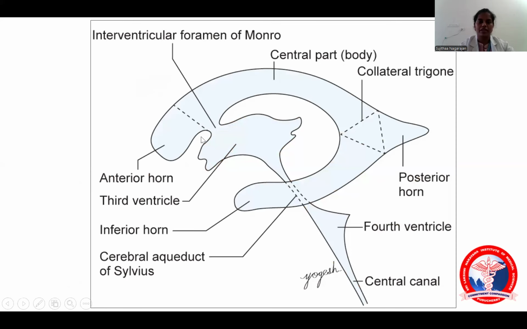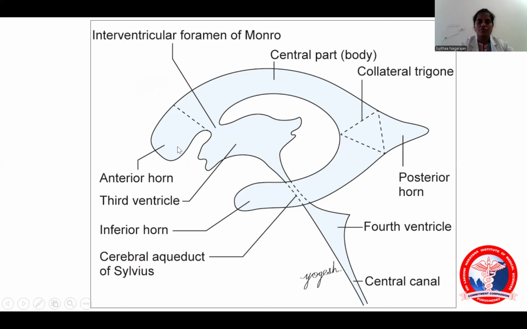So here we can clearly see the central part or the body. It extends from interventricular foramen of Monro to splenium of corpus callosum. In front of the interventricular foramen of Monro is the anterior horn.